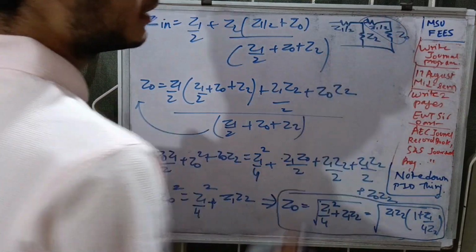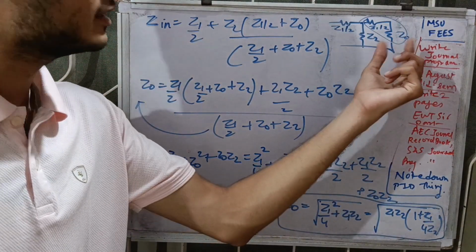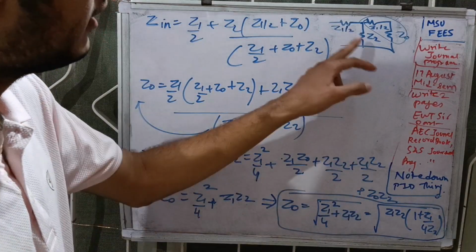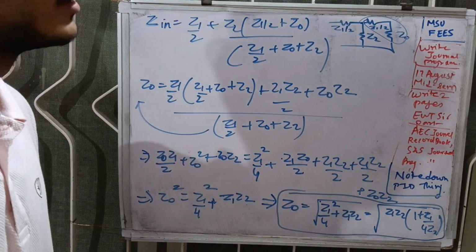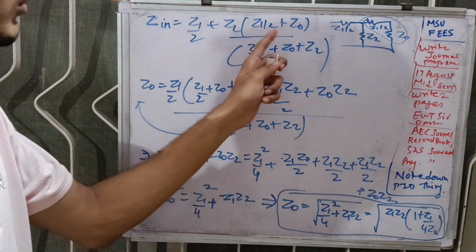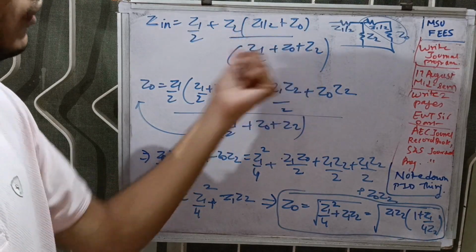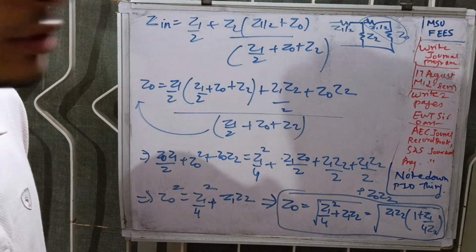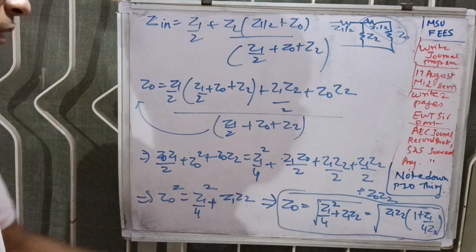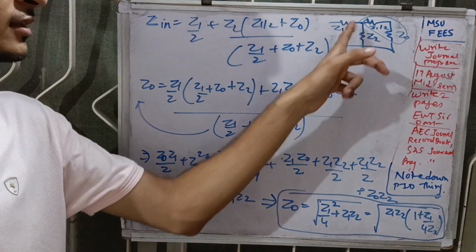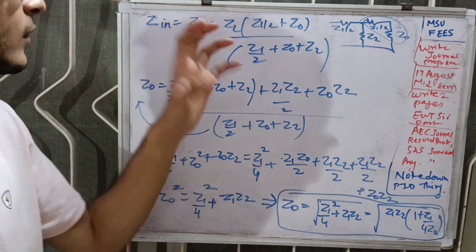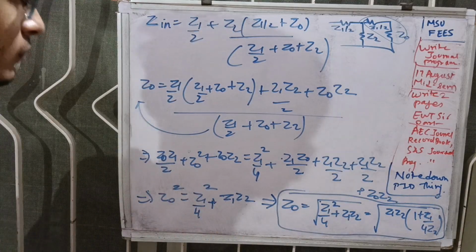These two are in series and then in parallel with Z2, and then that whole combination is in series with Z1 by 2. First series and then parallel with this. So this is the formula, I have put the whole thing together.